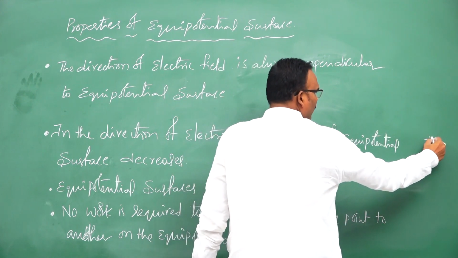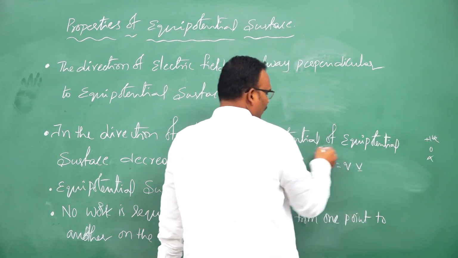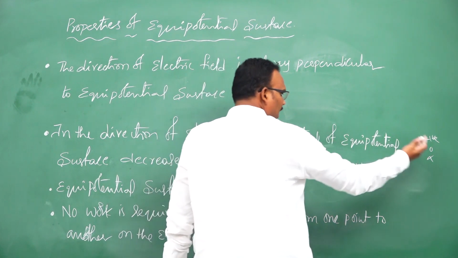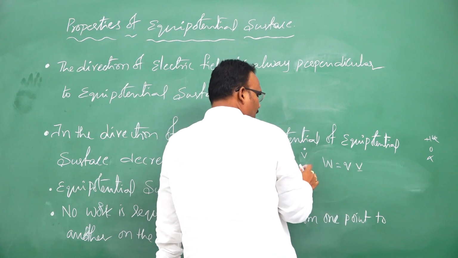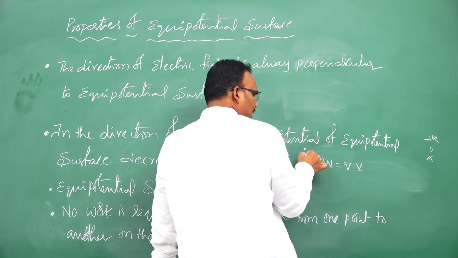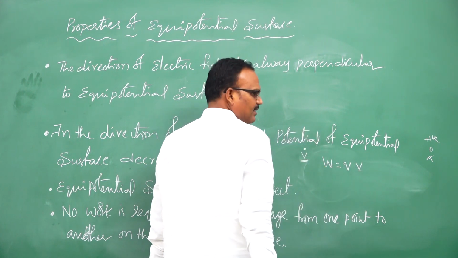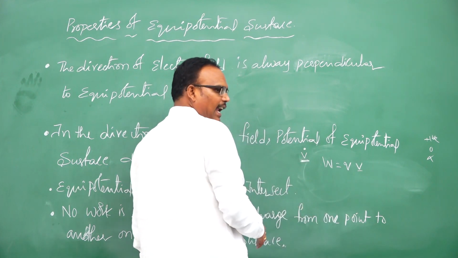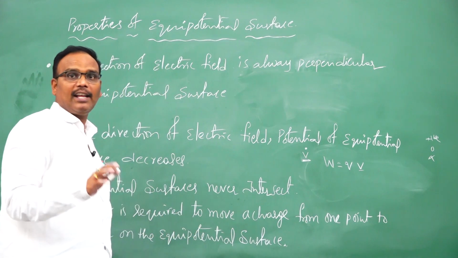When you bring a unit positive charge from infinity to this point, here we say potential is V. That means potential difference is V minus 0, which is V. That means this is also a potential difference. Remember, wherever you have V, usually I can call that potential difference.